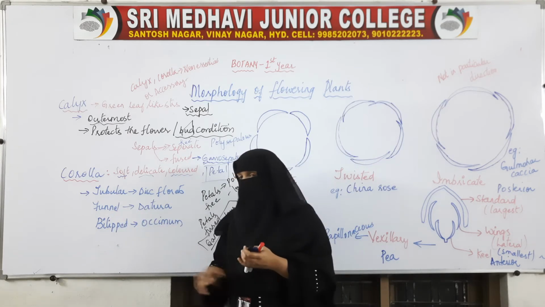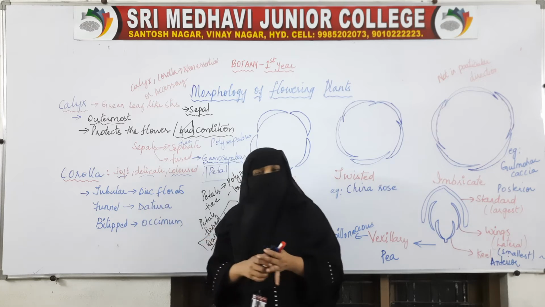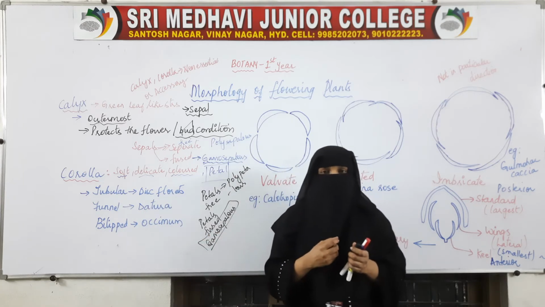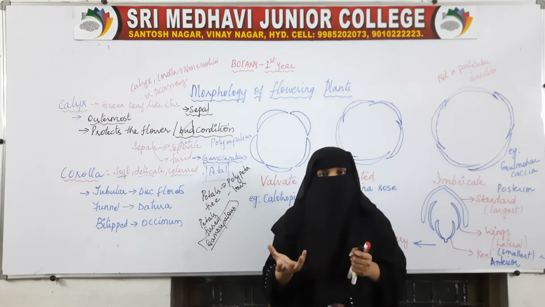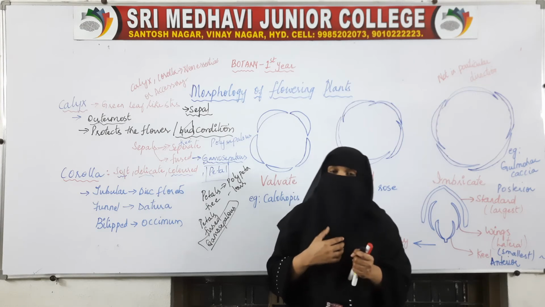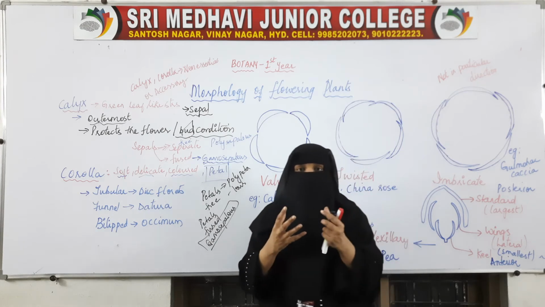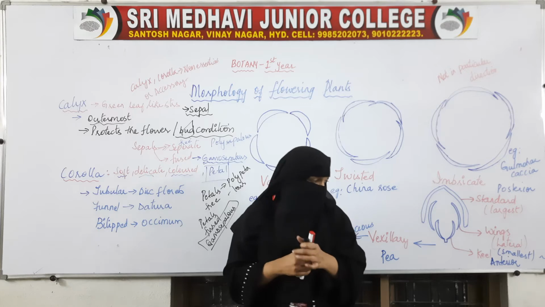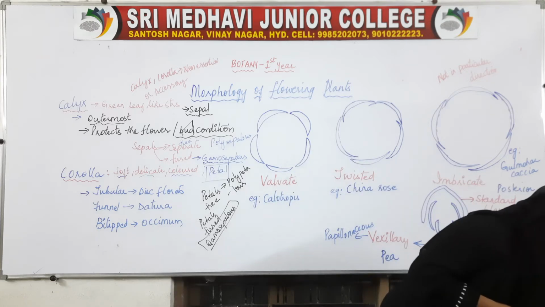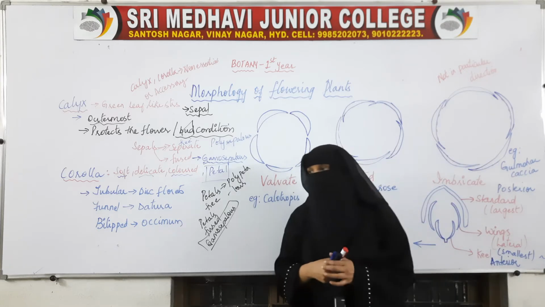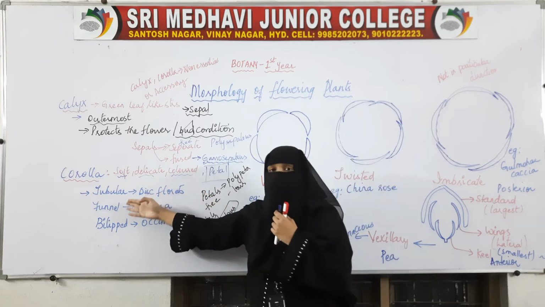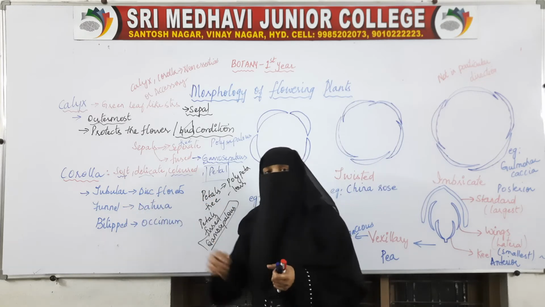In ocimum it is bilobed. In some cases it is bell shaped, and in some it will be wheel shaped. So depending on how the petals are fused, the corolla is of different shapes. It can be tubular, funnel-like, or bilobed.